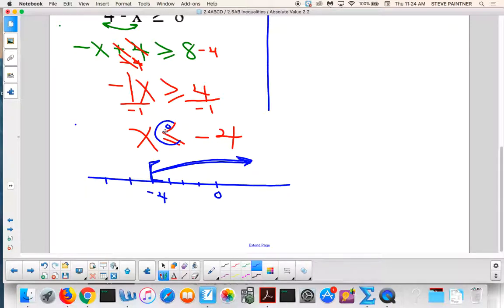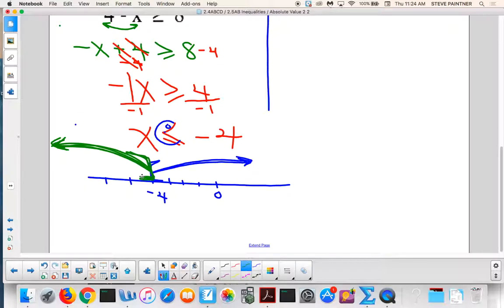Now here's why a lot of you get these wrong, because you can't read the sign correctly. Less than is always to the left, right? Correct. And is he right with the bracket? Yes. Isaiah, you got the bracket right, but you got the direction wrong.